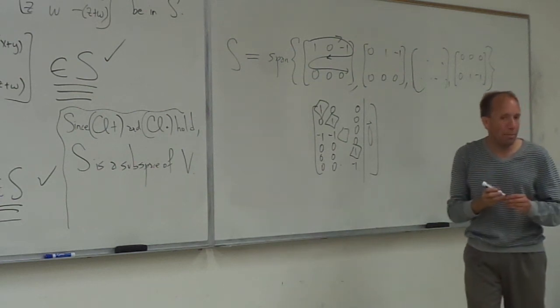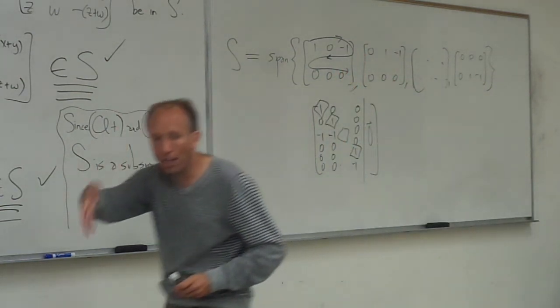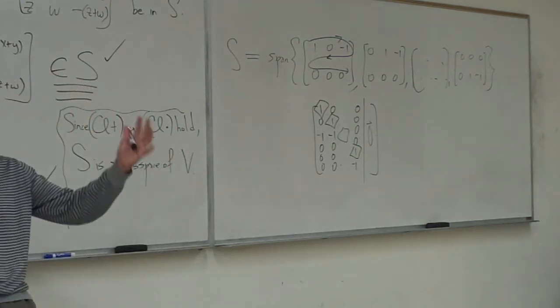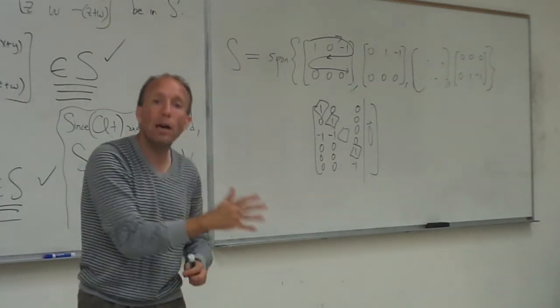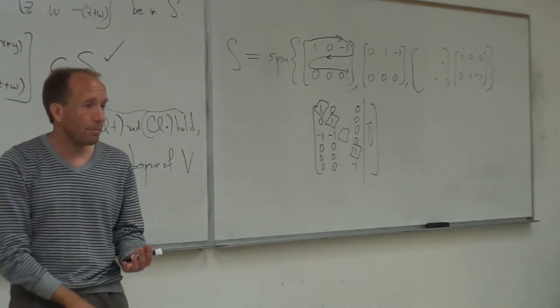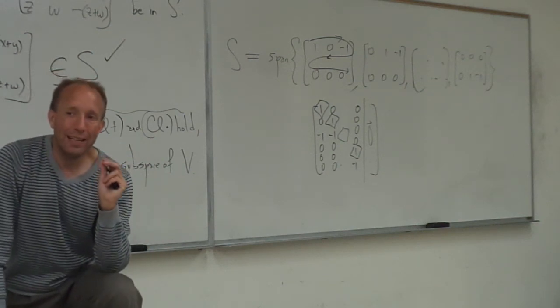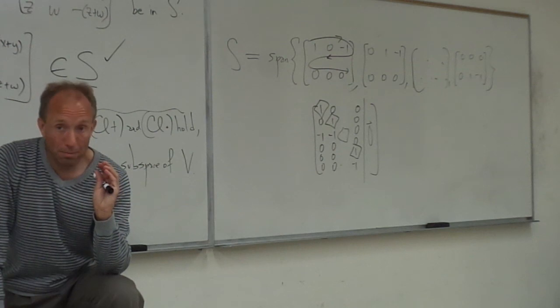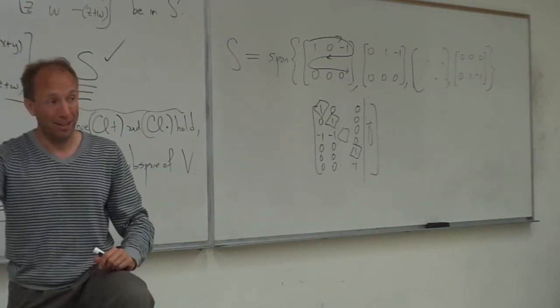But we've seen a number of examples like this, where we put our vectors into the columns. We know that they span our space. So we put those vectors into the columns to try and uncover any dependencies that might be there. Just to remind you, linear dependence is a lot more than just one vector being a multiple of another.